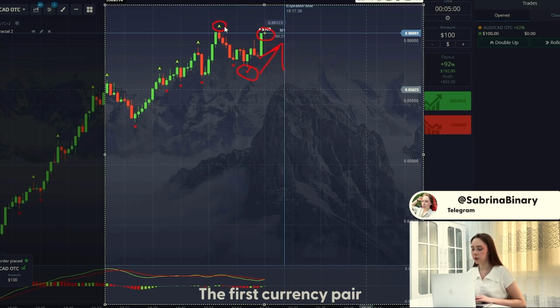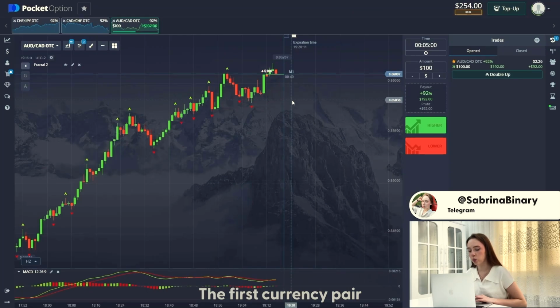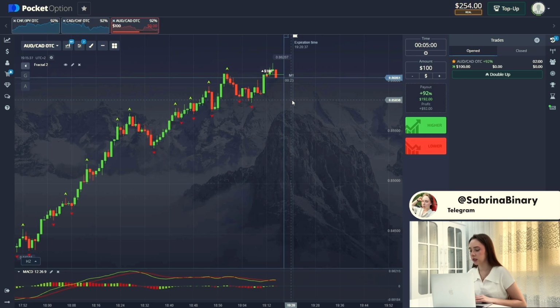If after the formation of, let's say, an upper fractal, the following candle has a lower price than the preceding candle, the upper fractal appears, and if the price meeting is higher after another candle, the fractal will be moved to the previous one, that is, it will move to the right by one candle. And let me show you how to use it in more detail in practice.